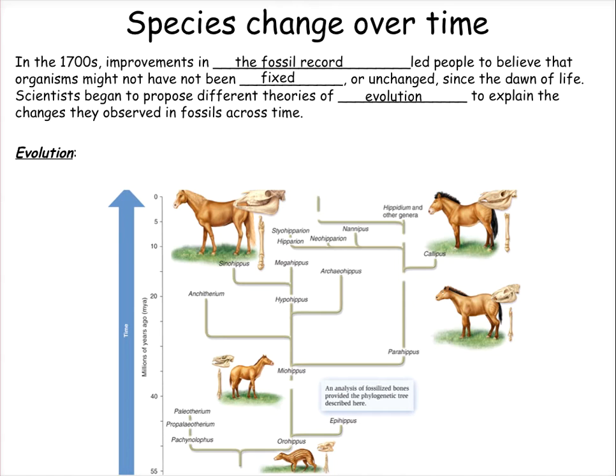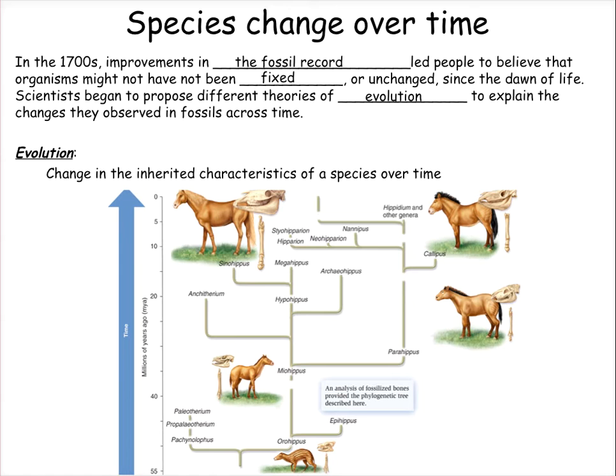The term evolution is used to describe the change in the inherited characteristics of a species over time. So, for example, in the picture we see here below, we can see several different ancient species that are ancestors to our modern horse.